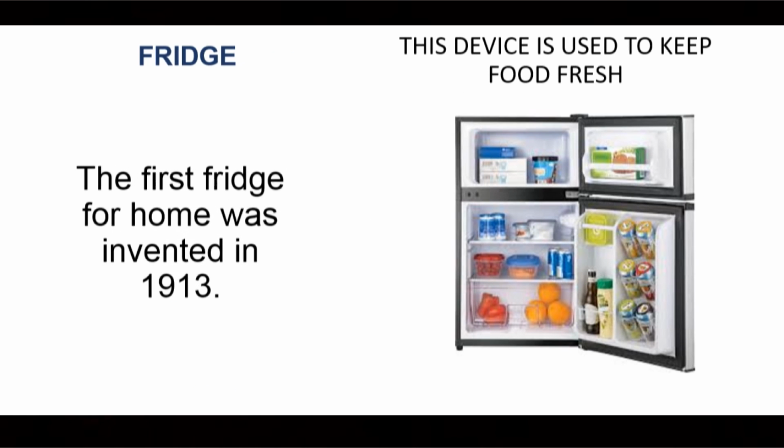This device is used to keep food fresh. What is it? Good job. It's a fridge. The first fridge for home was invented in 1913. This is watched every night by everyone.